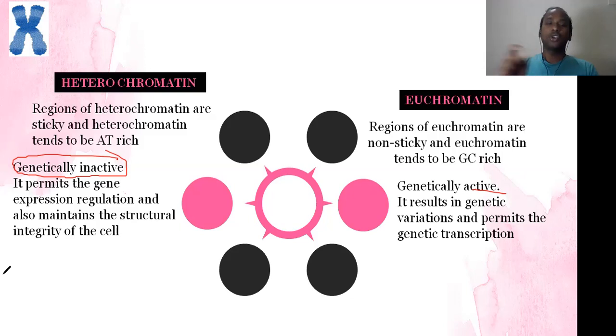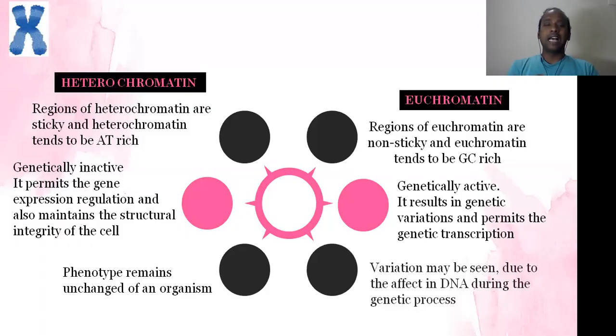It can maintain the structural integrity of the cell, as well as, to some extent, the regulation of gene expression. That is the major function of heterochromatin. Whereas in euchromatin, genetic variation can be possible and it permits genetic transcription. That's what genetically active means. This we should understand.